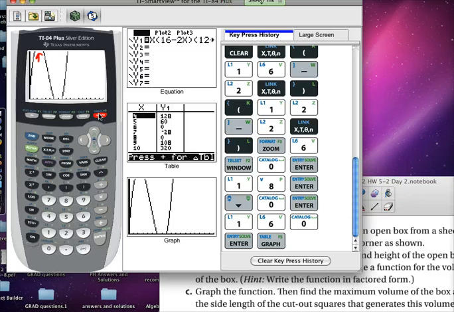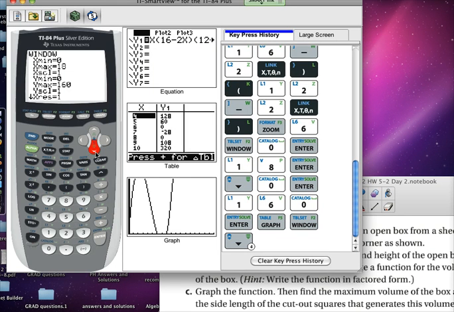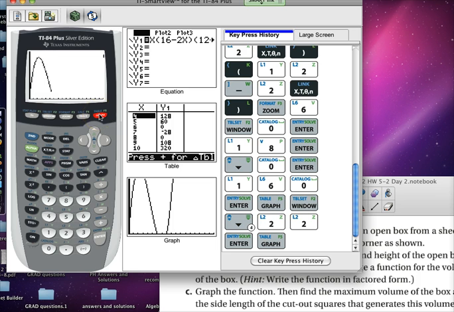So I can go ahead and now make a better educated guess at what I can put in for y, because I need those y's to be a little bit higher. So let me try 220 just to make sure that I can see it, and hit graph. And there it is. So now, again, they wanted me to tell them the maximum volume of the box and the side lengths of the cutout squares that generate that volume.